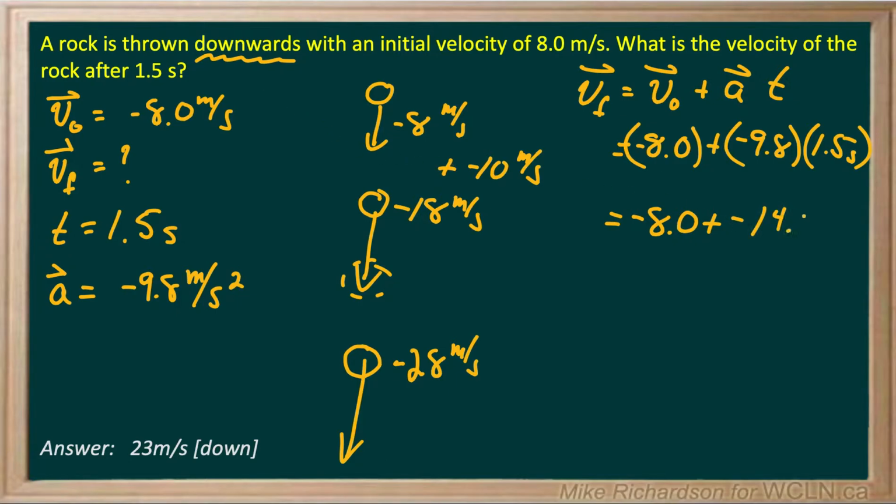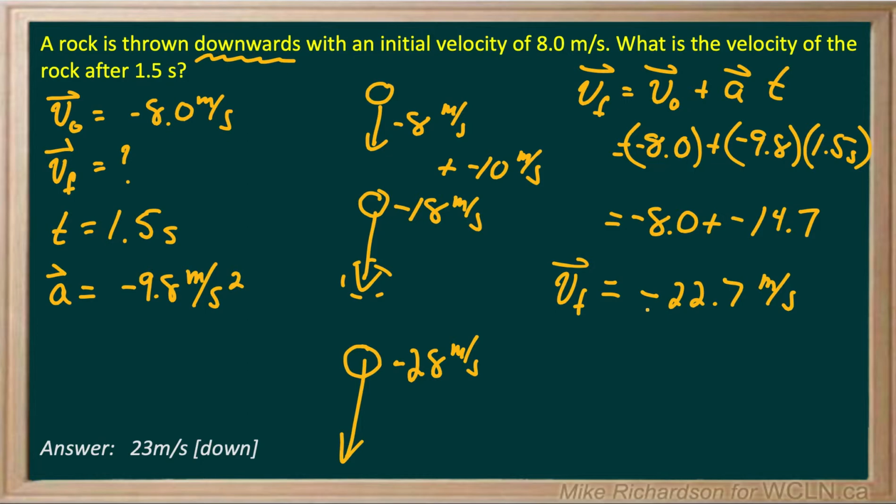Negative 14.7. And negative 8 plus negative 14.7 is negative 22.7, and that will be meters per second for V final.